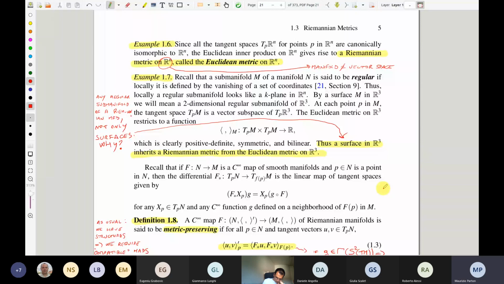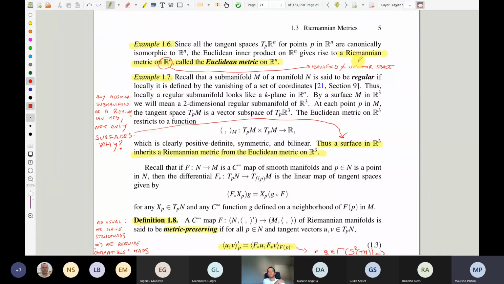So, starting from now, we have a metric on Rn, and this metric is the standard metric. But from what I'm telling you, you should already understand that the metric on Rn I'm talking about now is not the metric that you know, because the metric that you know is just the metric on Rn in one single point, the origin.